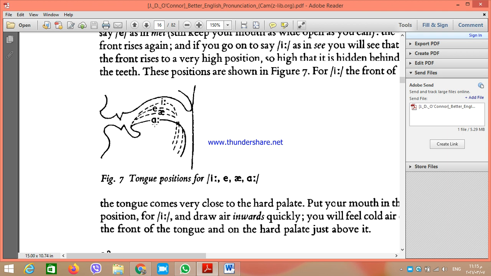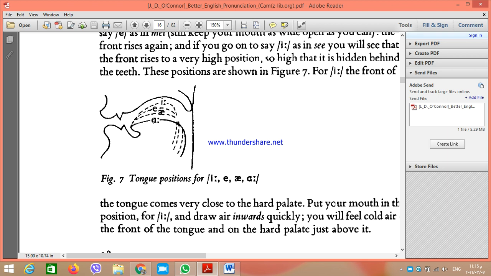Between raised and flat. One is more to an open position, while the other is more to a closed position when the tongue is high. So this is high. This is called mid-high. This is mid open or low, and this is low.